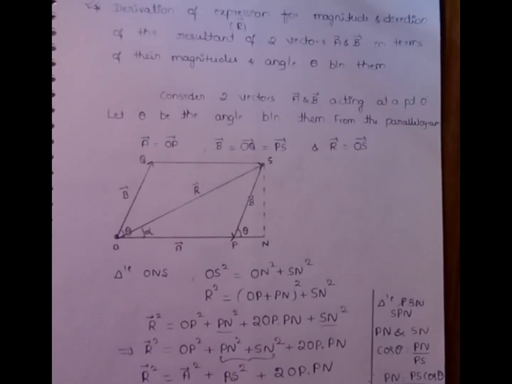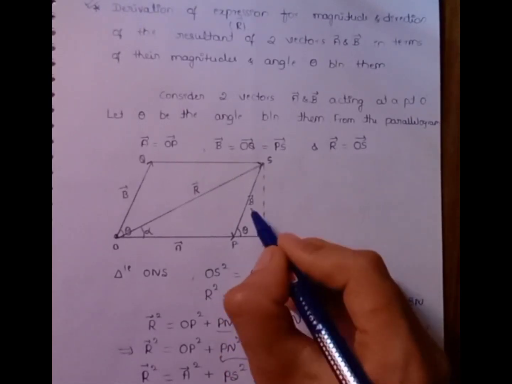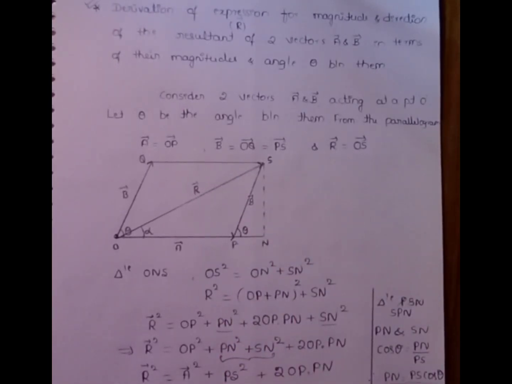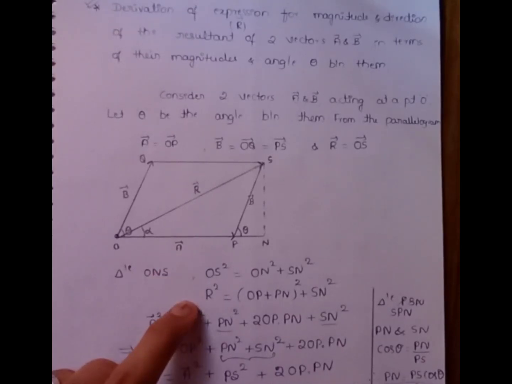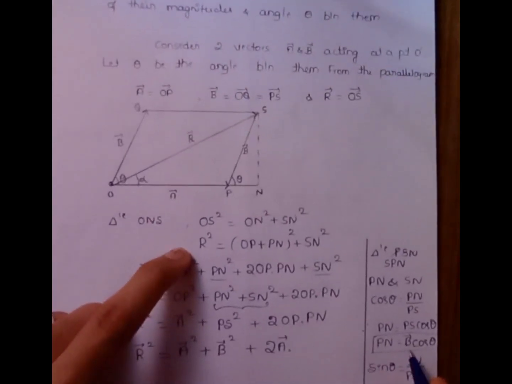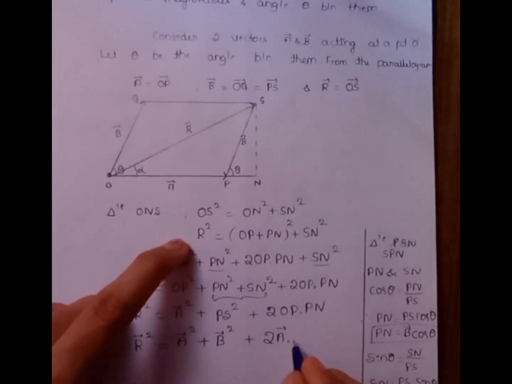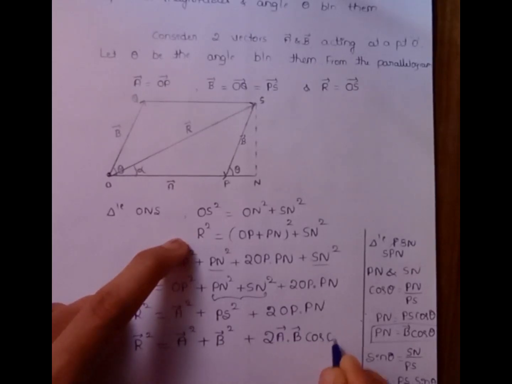Vector R whole square is equal to vector A whole square plus PS, which is vector B whole square, plus 2 into OP, which is vector A, into PN. We know the value of PN is equal to vector B cos theta.